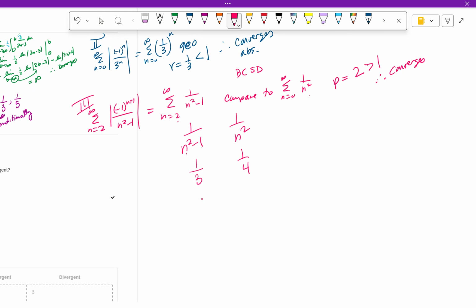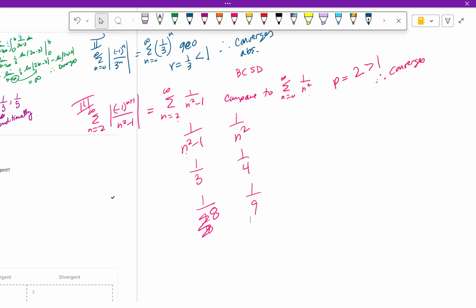It's smaller. Let's see if we keep going. I don't think it's going to help, because it's always going to be 1 less. If I put in a 3, it would be 1 over 8 and 1 over 9. So that one failed.